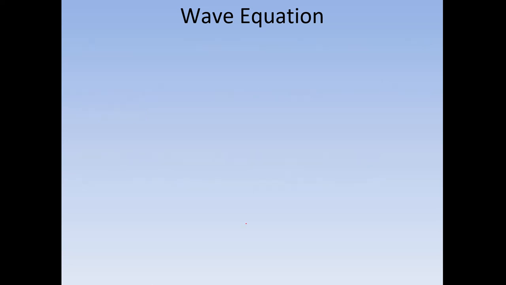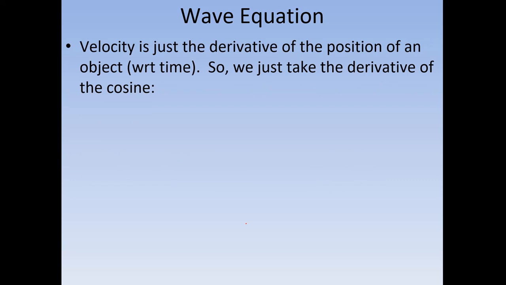All right, so what we can do is actually take the derivative. Like I said, for anyone who has taken calculus or has dabbled in it, you know that there are these things called derivatives and integrals. If we have a position equation, taking the derivative of it gets us velocity.